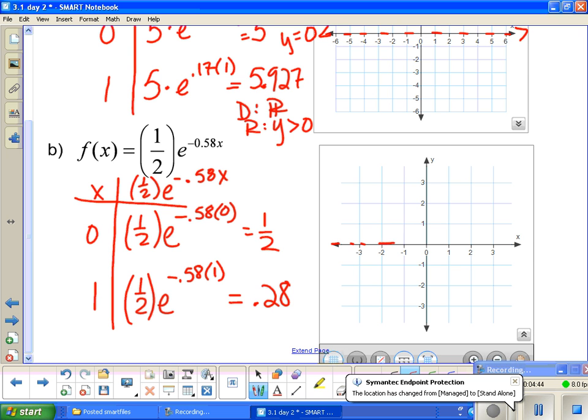Again, I have no shift, so my horizontal asymptote is at y equals 0. Now let's plot 0, 1 half, and 1, 0.28, below that half mark. And there we go. So my domain is all real numbers. My range, again, will be y greater than 0.